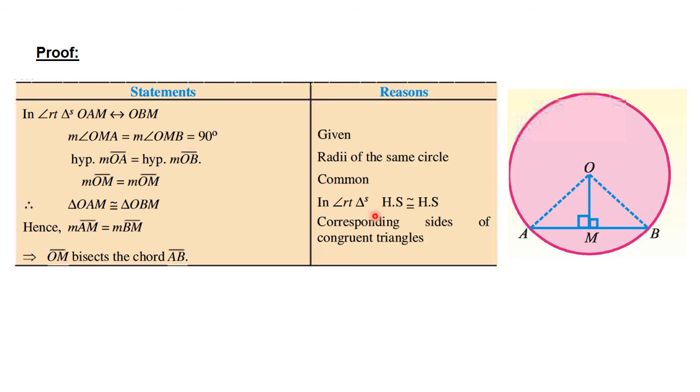In right angle triangles, the HS postulate, HS congruent to HS, H for hypotenuse and S for side. Hence measure AM is equal to measure BM because these two triangles are congruent. So measure AM is congruent to measure BM, corresponding sides of the congruent triangles. So OM bisects the chord AB. Hence proved, OM is bisecting the chord AB.